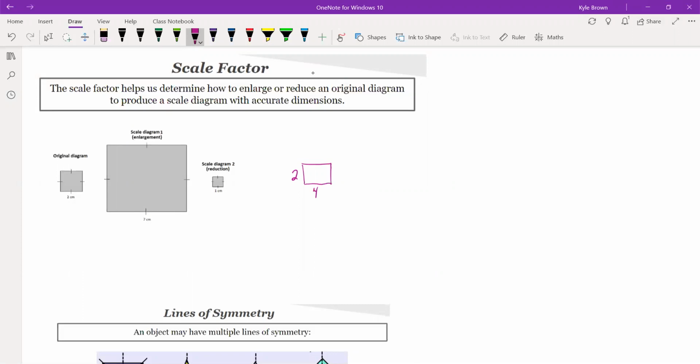Well, that means my scale factor is going to be a half, or 0.5. Notice that numbers like a half or 0.5 are bigger than 0 but less than 1. So if I go 4 times 0.5, or 4 times a half, it's getting smaller. It's 50% of the size. So that's going to make our object smaller.